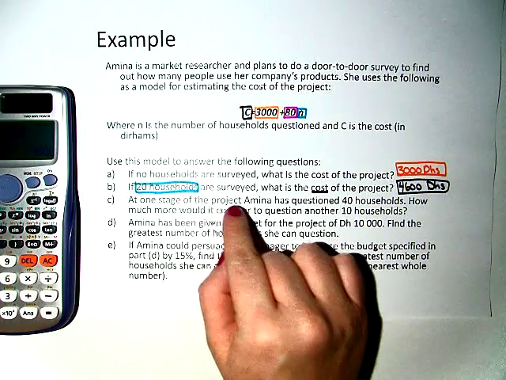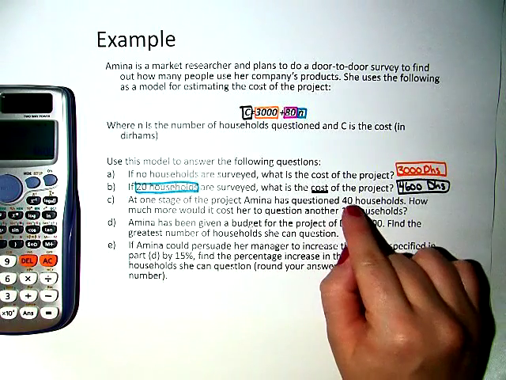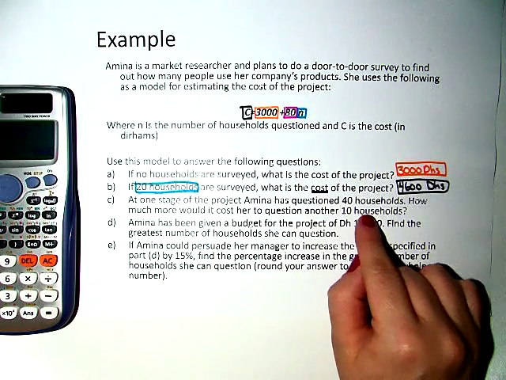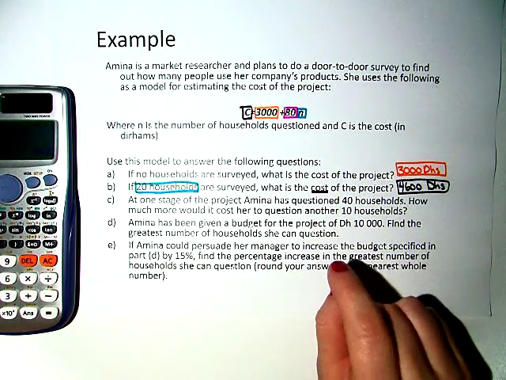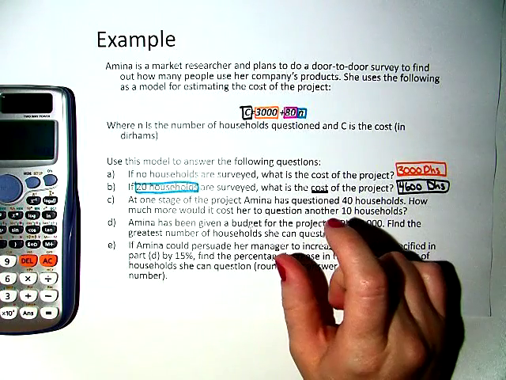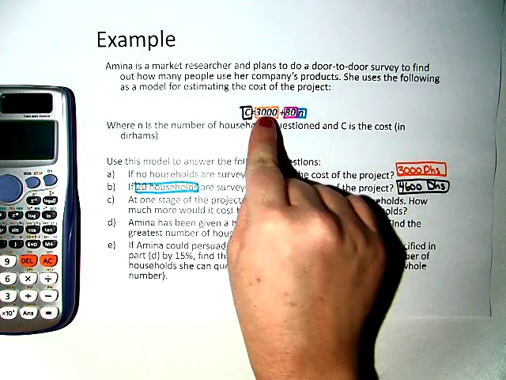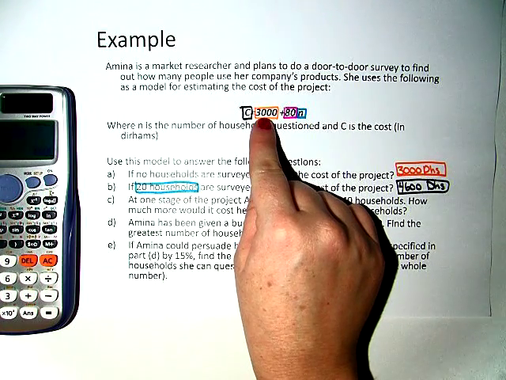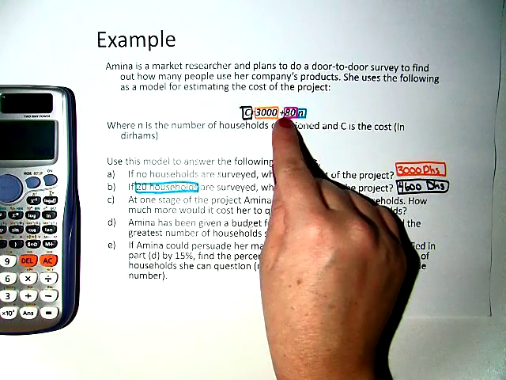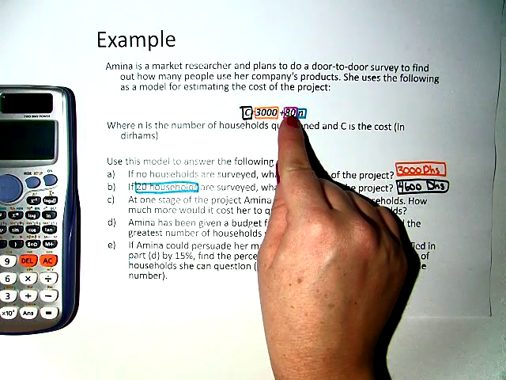At some stage of the project, Amina has questioned 40 households. How much more would it cost her to question another 10? Okay, this is kind of tricky. You can either plug in 40 and then plug in 50 and subtract the two, or you can know that the constant won't change. So all you have to do is look at the cost associated with surveying 10 houses.